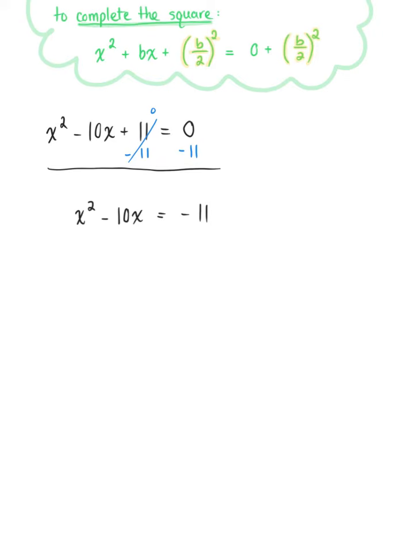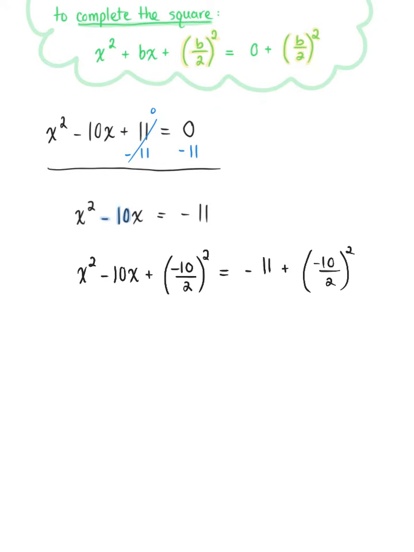So our b coefficient in this case is negative 10. So here we go. We have x squared minus 10x, and we're going to add half of this b coefficient, so negative 10 divided by 2 squared, to both sides. So this is equal to negative 11 plus negative 10 divided by 2 squared.